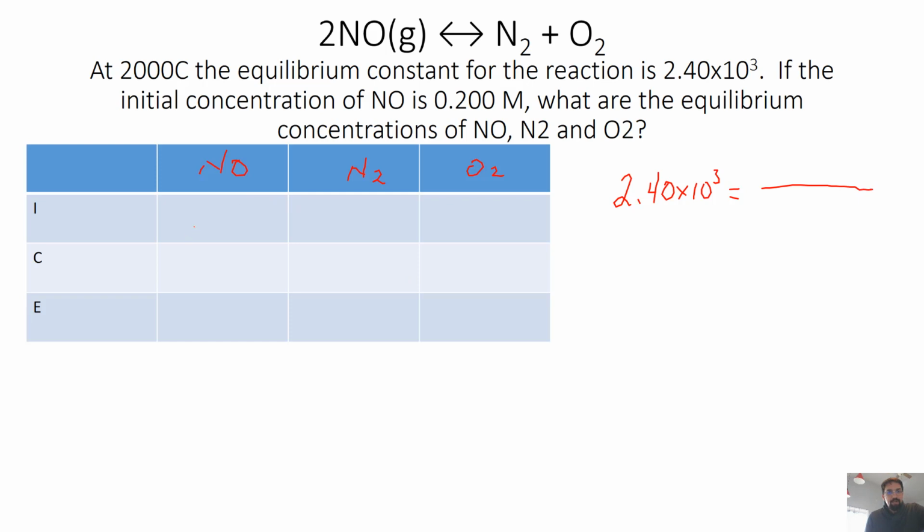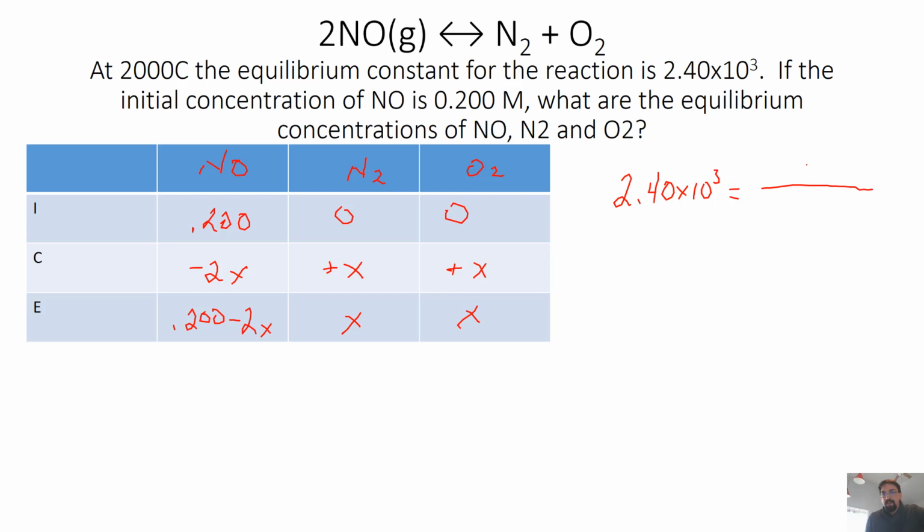They tell us that NO starts out as 0.200 molar, and they don't tell us anything about nitrogen or oxygen, so we're assuming 0. So according to our balanced equation, we should be adding X of nitrogen, we should be adding X of oxygen, and we'll be removing 2X of nitrogen monoxide. That means that NO is going to be worth 0.200 minus 2X. This is going to be worth X for nitrogen and also X for oxygen.